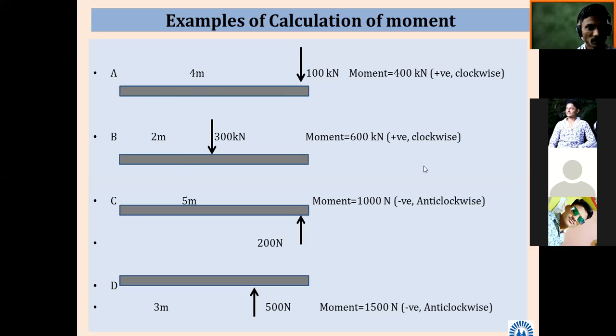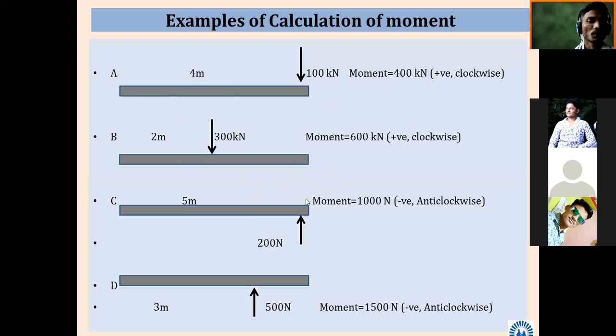It is as simple as this. If a force passes through a point, or if we extend the line of action of the force and it passes through that particular point, then also it will be zero. These two special cases we have to consider.